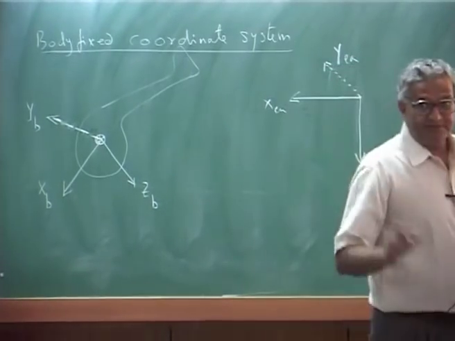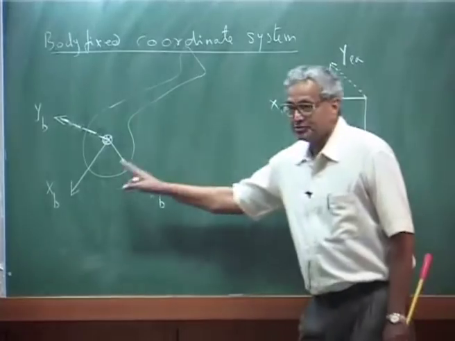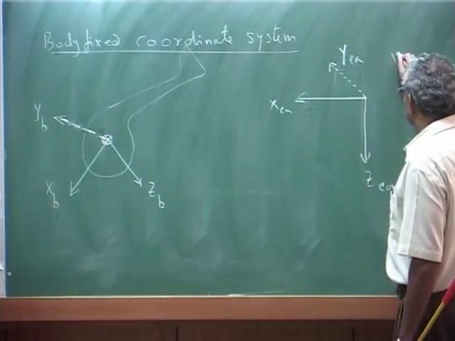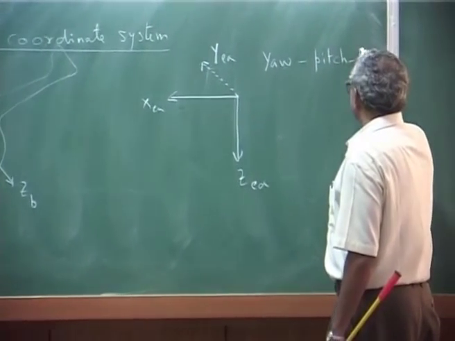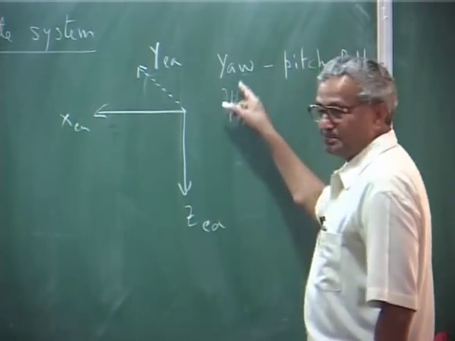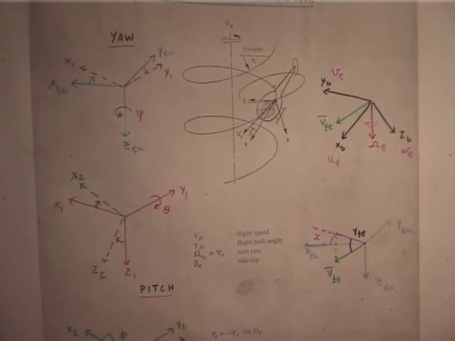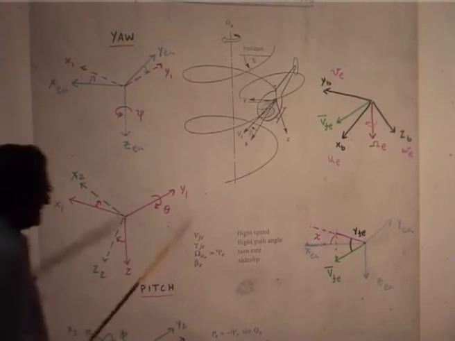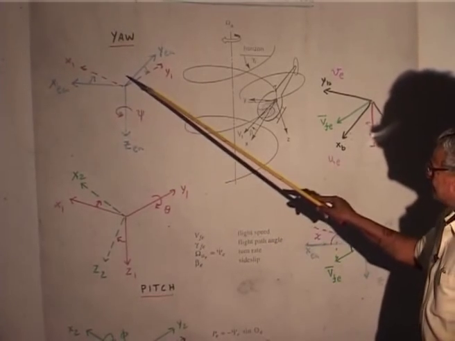Now you see the sequence of rotation from this to this: you follow yaw, then pitch, then roll. Yaw is psi, pitch is theta, and roll is phi. Yaw, pitch, roll is the sequence, all counterclockwise, and that is what I have shown here. This is Z earth, X earth, Y earth.